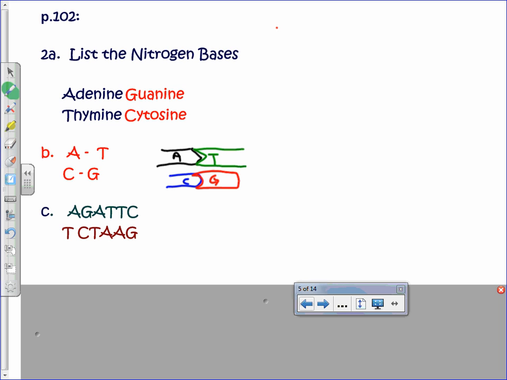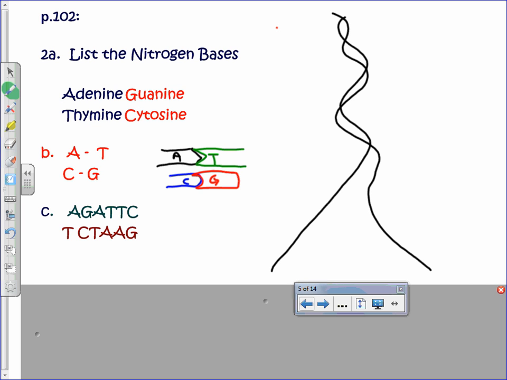If you do this in your notes, it's really easy to draw a molecule of DNA. Just make a squiggly line, and then make another squiggly line, and then it's unzipping here. So how does DNA make an exact copy? It untwists. You could put a little star next to this question, because this question's on the unit test, the unit test in December. Untwist, unzip, and then rebuild.